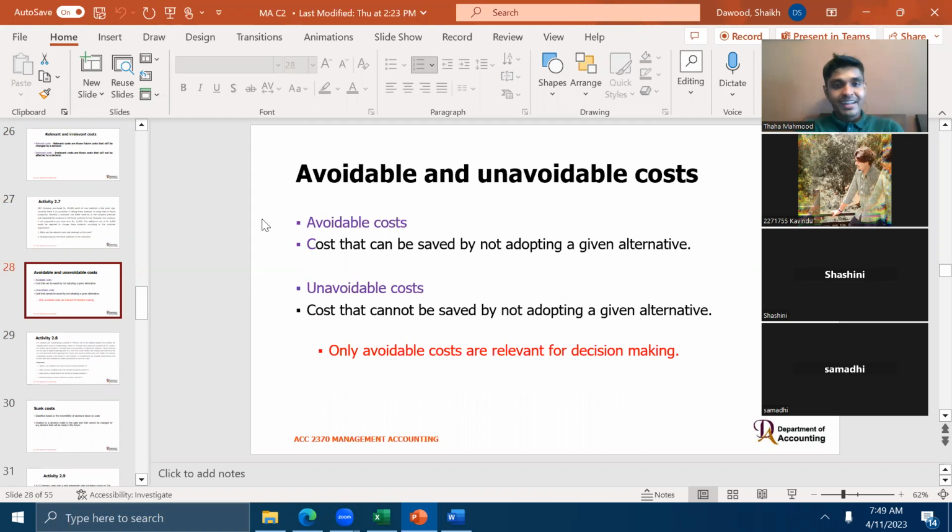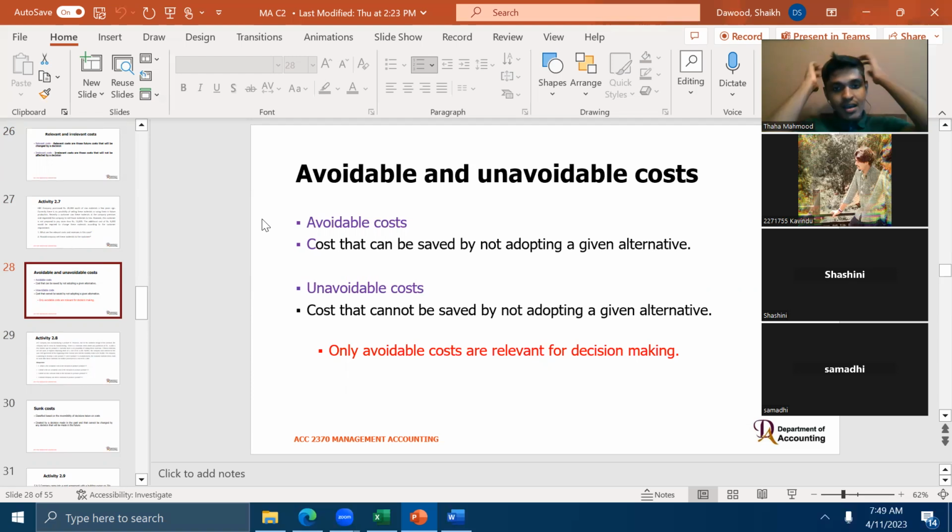Avoidable cost is one example of relevant costs. Avoidable cost is the cost which can be saved by not adopting a given alternative. We make a decision. Let's say we are trying to decide whether or not to accept a certain customer's order.